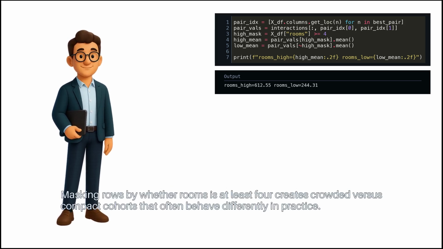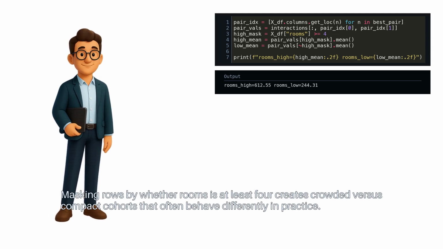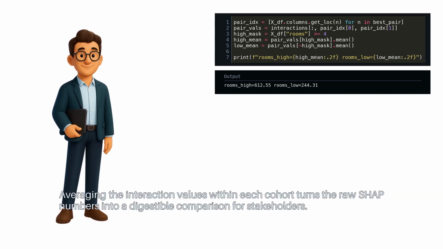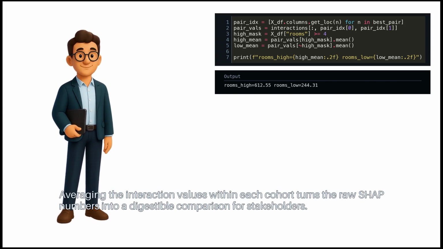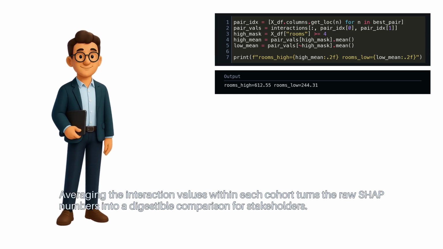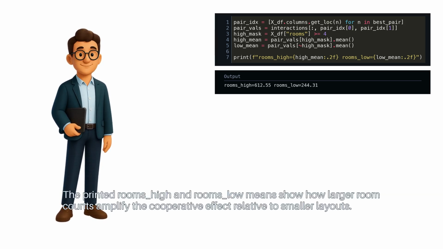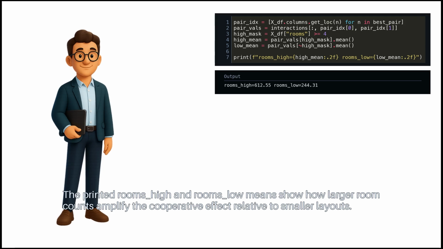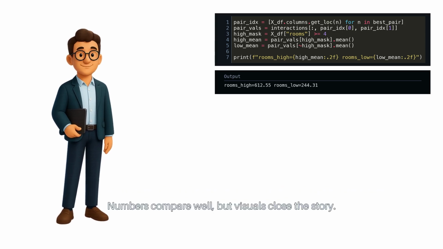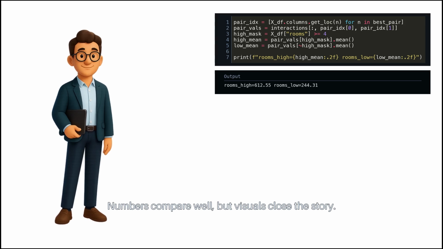Masking rows by whether rooms is at least 4 creates crowded versus compact cohorts that often behave differently in practice. Averaging the interaction values within each cohort turns the raw SHAP numbers into a digestible comparison for stakeholders. The printed rooms high and rooms low means show how larger room counts amplify the cooperative effect relative to smaller layouts. Numbers compare well, but visuals close the story.